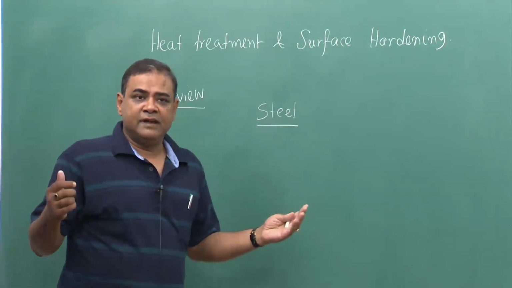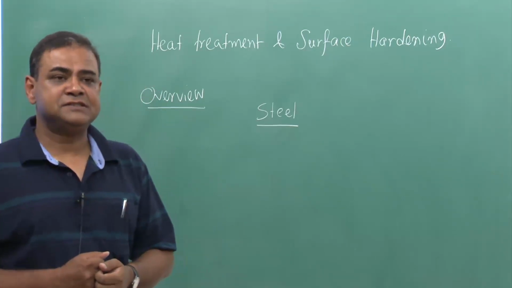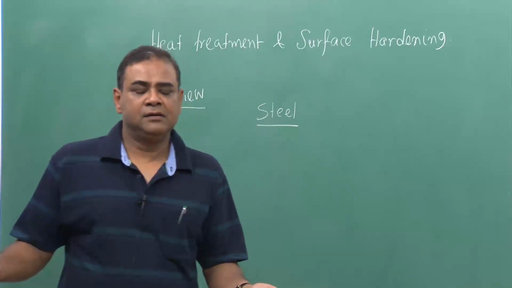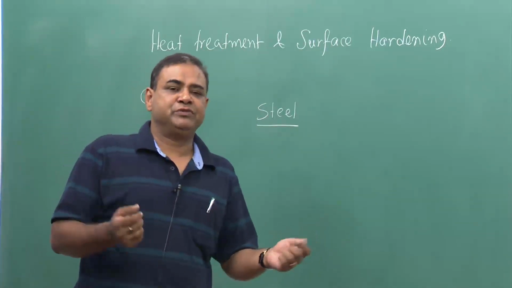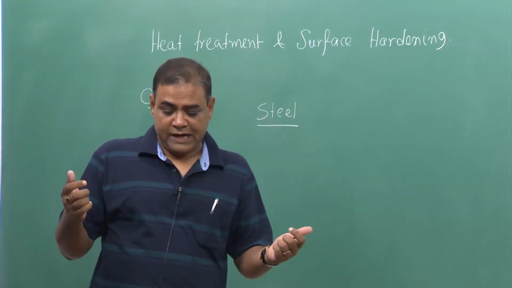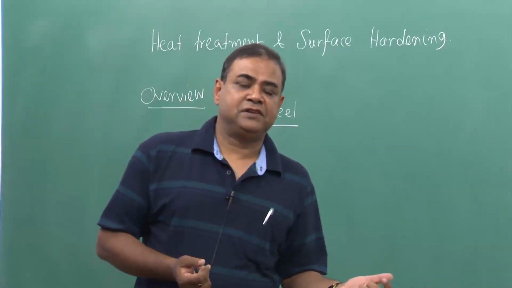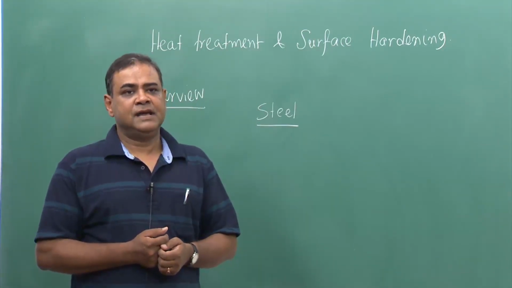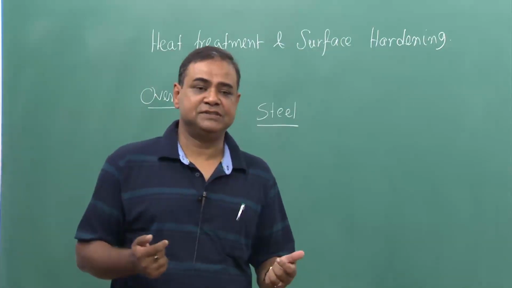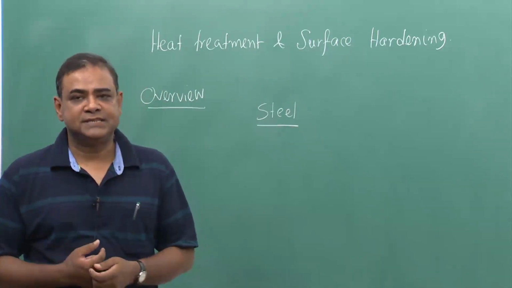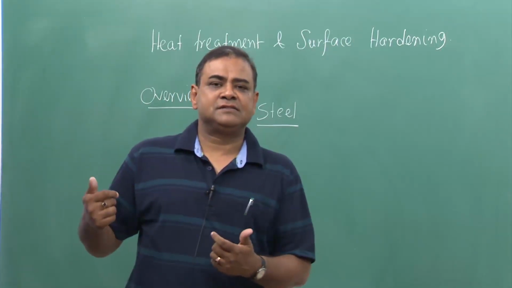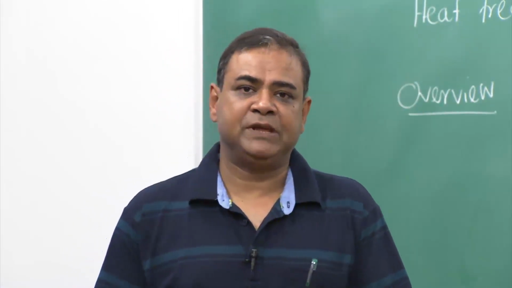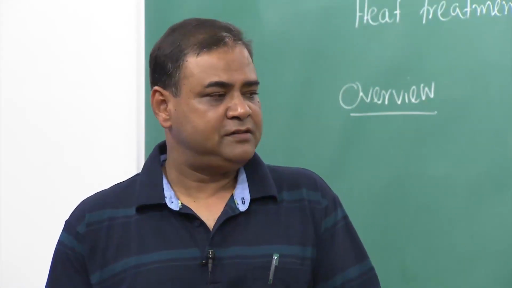Of course, there would be n number of variations in the steels, starting from a very low carbon steel to a simple mild steel to high carbon steel, and in between we have advanced steels like interstitial free steel, which is popularly known as IF steel, and then we have HSLA steel, which is high strength low alloy steel, microalloyed steels, then exotic steels like maraging steel, which are used in very sophisticated applications like aerospace applications.